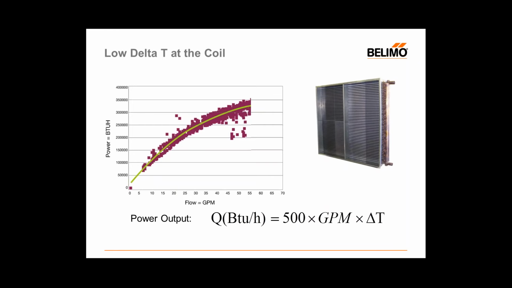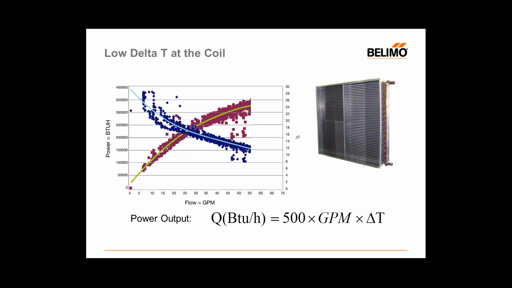So power produced is a function of both flow and delta T. I'm going to go ahead and put delta T on this graph as well so we can see how that charts out. And delta T looks quite the opposite of our coil characteristic, but really for the same reasons. Our slow water is in the coil a long time and therefore has a high delta T, has a lot of chance to exchange its heat. And the faster we push water through there, the lower our delta T tends to get.